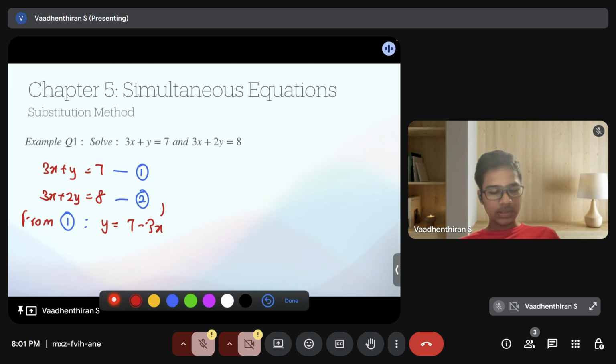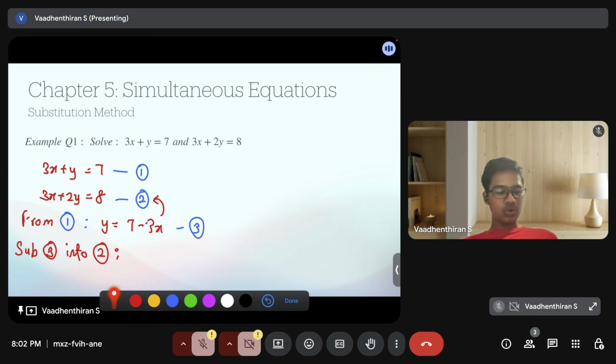Then you substitute this into the other equation. Let's say this is the third equation we got from the first. Now you need to substitute 3 into 2. The key thing here is you should not substitute what you got into the same equation.